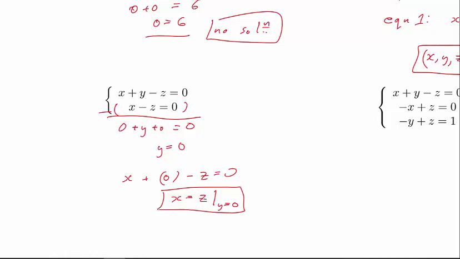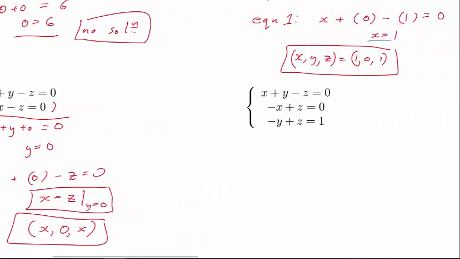In terms of coordinates, whatever the x value is, the y value is 0, and the z value takes on whatever the x value is. That describes that line through three-dimensional space.